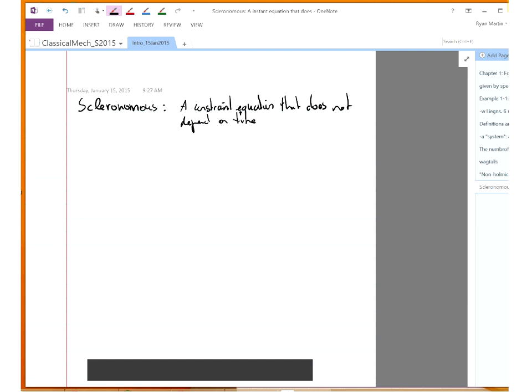So that's a separate property from holonomic and non-holonomic. So you can have a holonomic scleronomous constraint. Okay. So that means you can write the constraint equation. When I say it doesn't depend explicitly on time, I should say it doesn't depend on time explicitly.